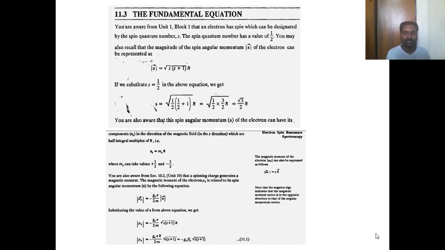Now that's fine. But we all know that the spin angular momentum is a vector whose magnitude is given by the equation s equal to square root of 3 divided by 2 into h divided by 2 pi. But what about the direction of this vector?